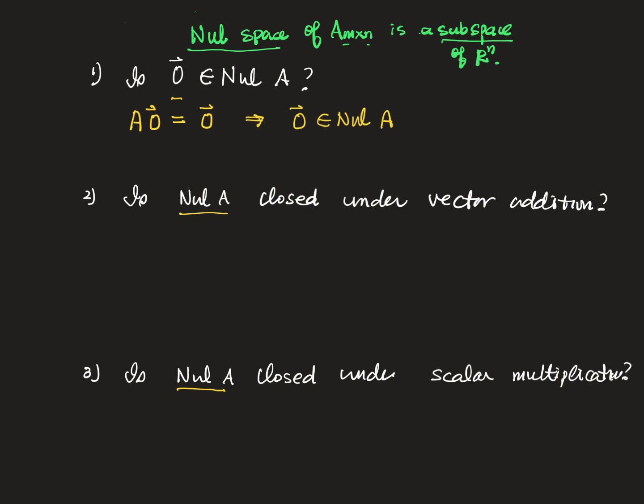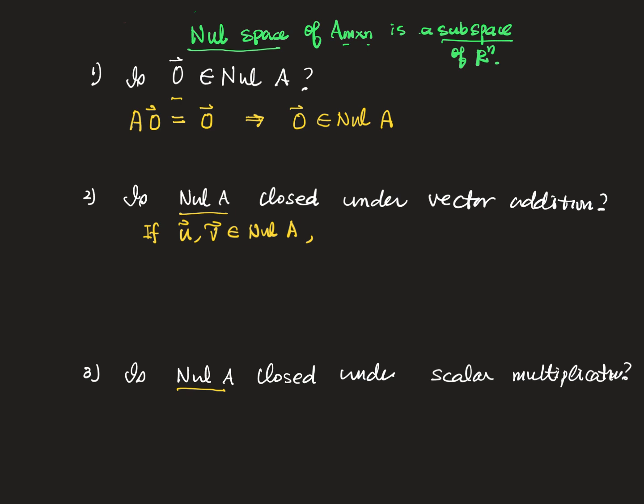Second, we prove that the null space of A is closed under vector addition. So you pick two vectors from the null space. If the U vector and V vector are picked from the null space of A, then we have to prove that U plus V is still in the null space.